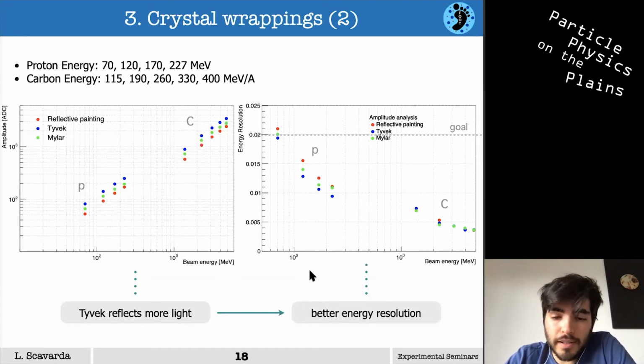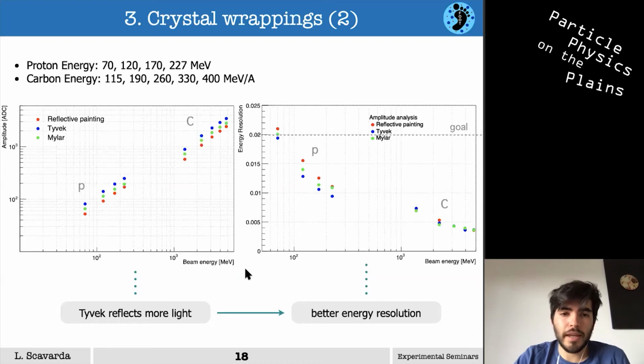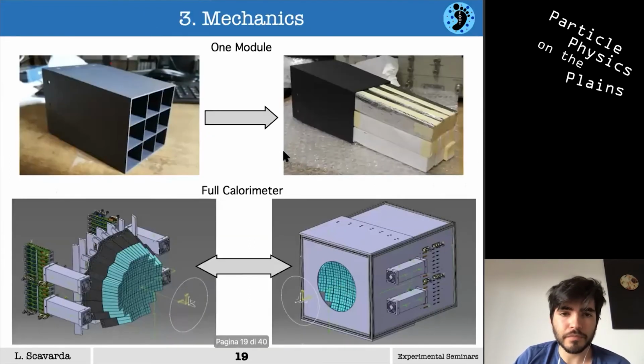And collecting more light, we can also obtain better energy resolutions. Not much in the carbon, because it is pretty much the same for all wrappings, but we have better resolution in particular for the proton energies, so for the lower energies. So we decided on a second point for the design of our detector: the wrappings, after the photodetector.